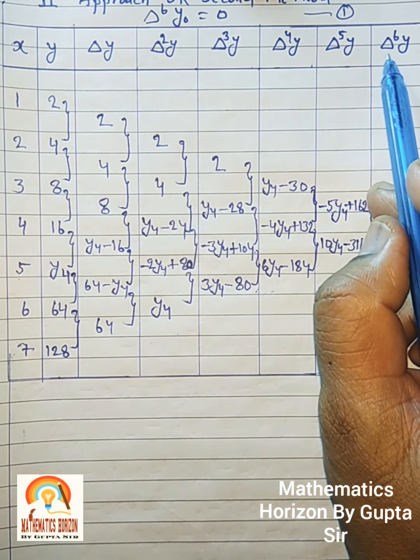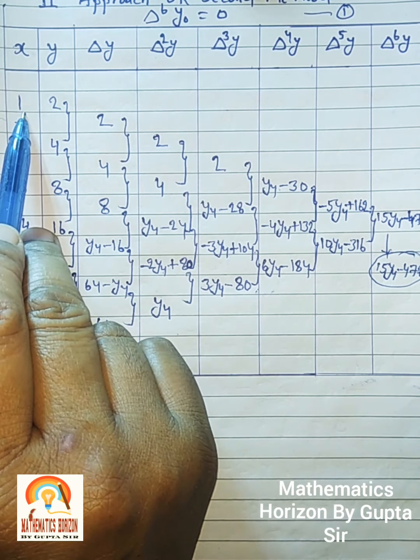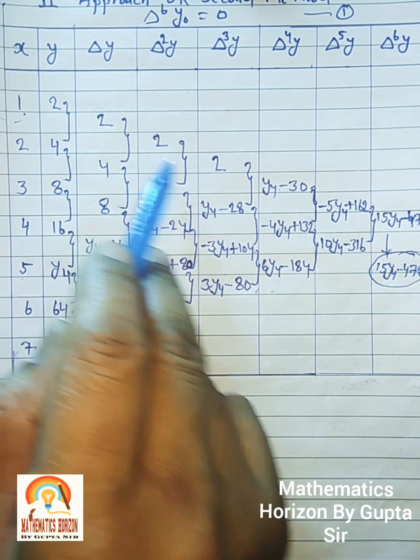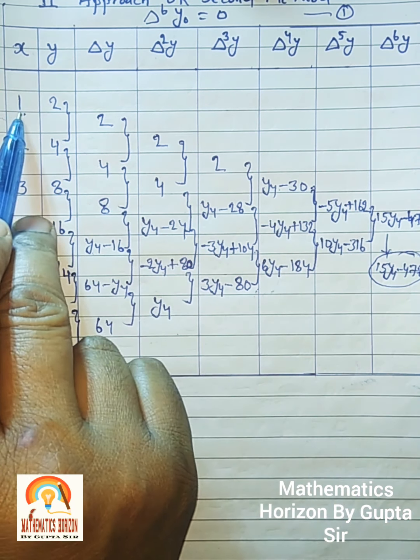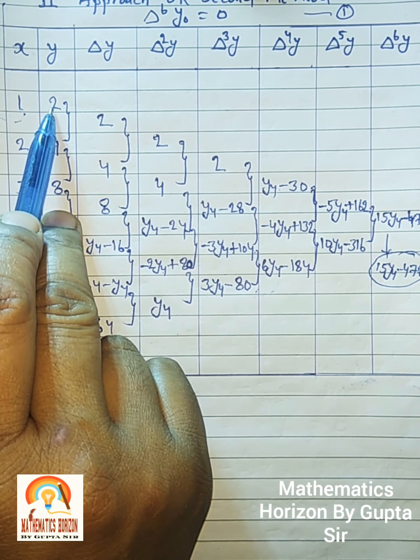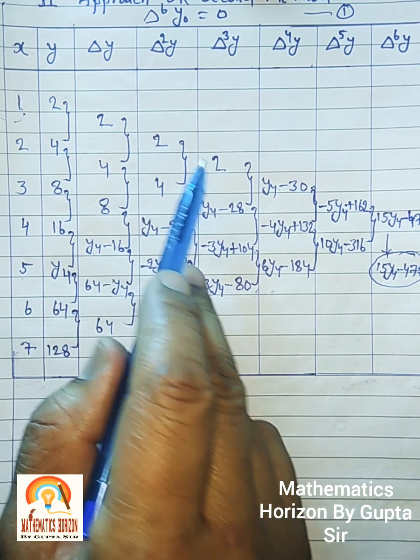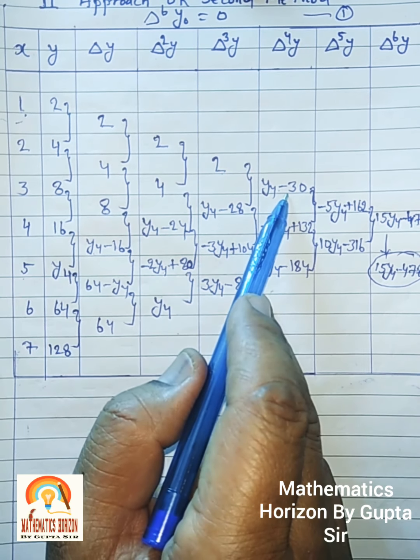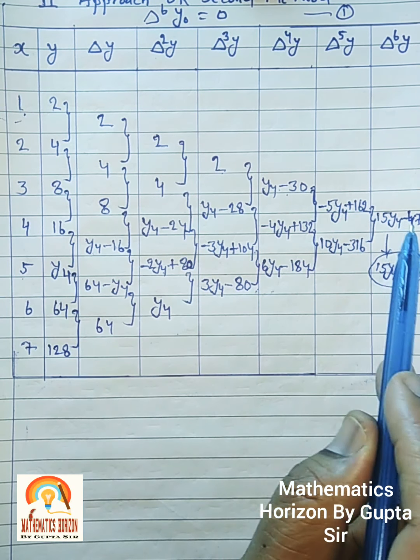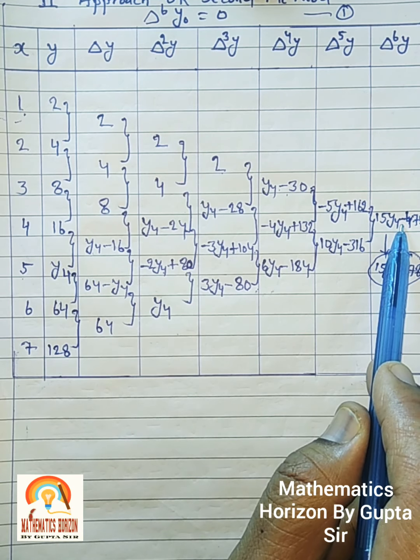And what is this? This is corresponding to x equal to x0. This is x0 and this is the value of y0. This is del y0, this is del square y0, del cube y0, del 4 y0, del 5 y0, and this is del 6 y0.